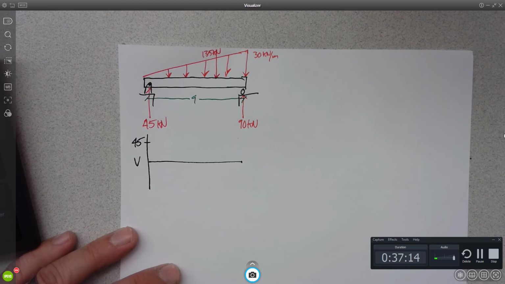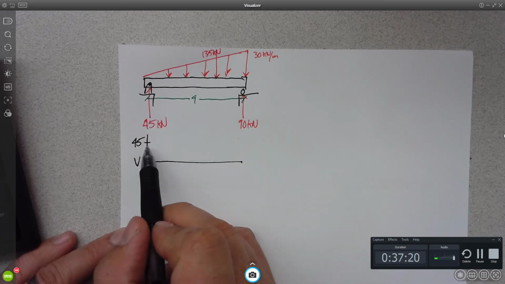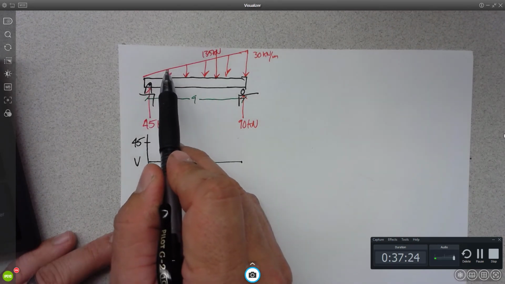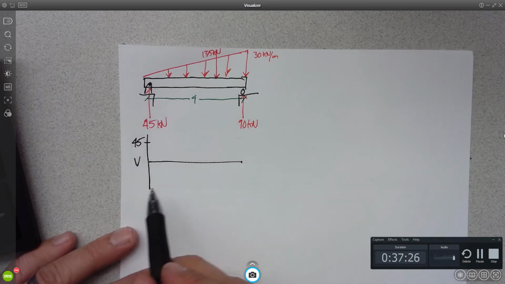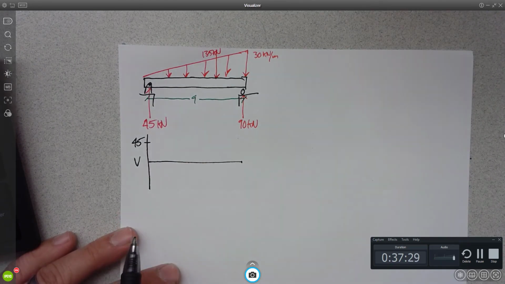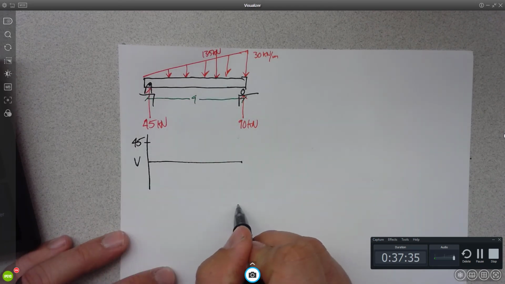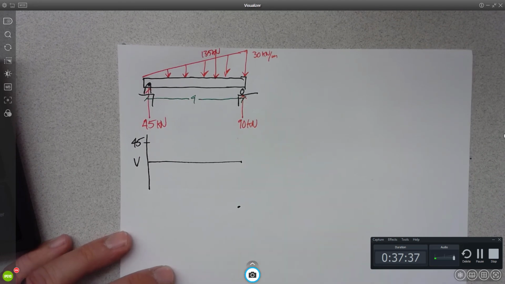What's my distributed load doing? Down, right? So remember that the shear is the slope. No, wait. How much change will I have as I go across? 135, right? So I'm going to go from 45 to negative 90, right?